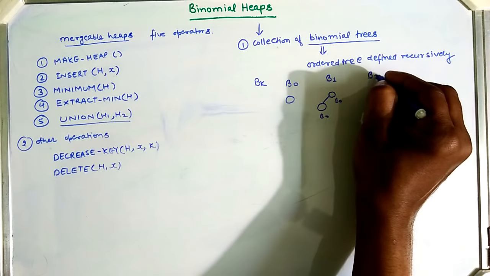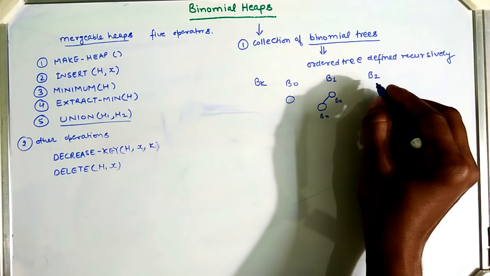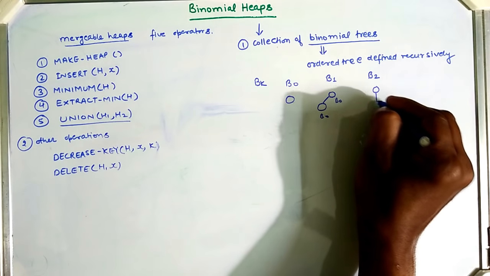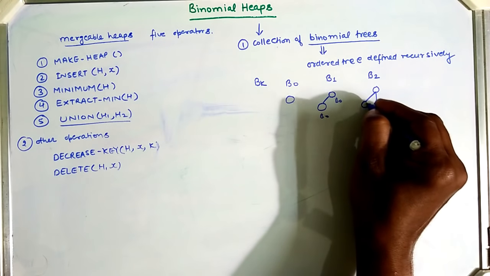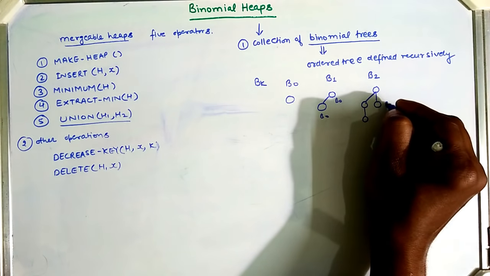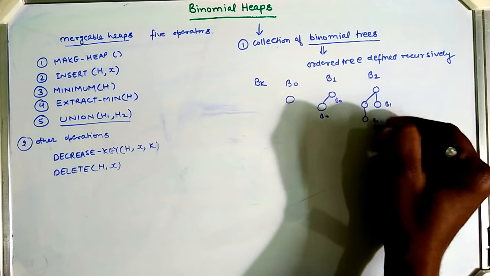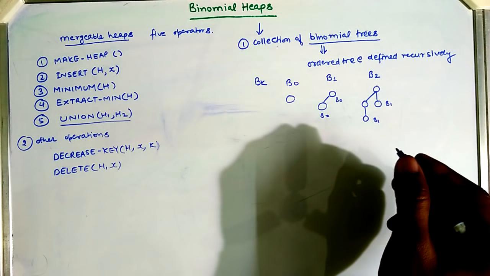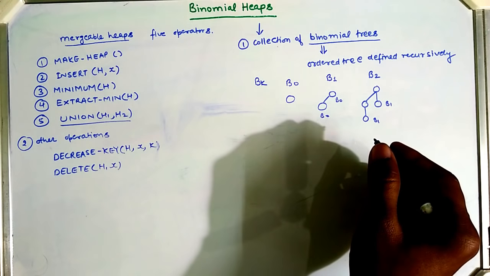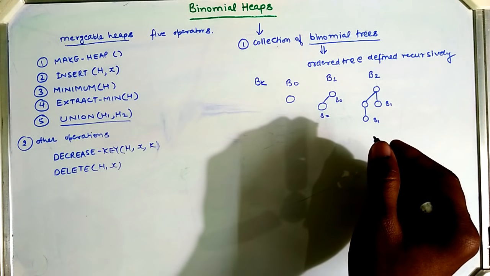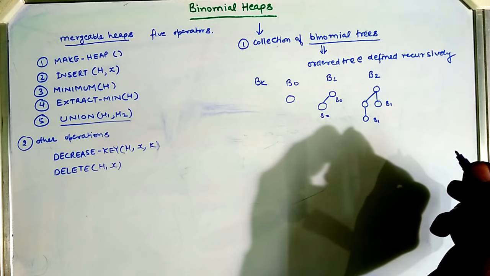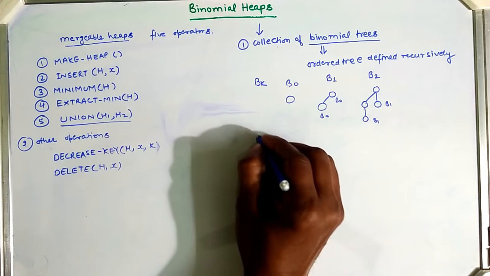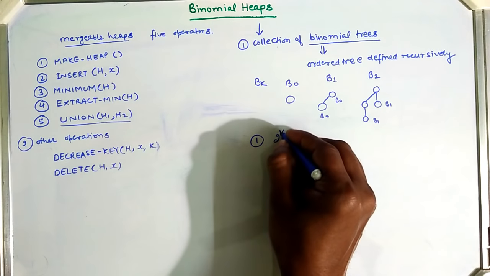Similarly, if you want to draw a binomial tree with k equal to 2, then it is a collection of two B1s, so collection of two B1s are there. So it is an ordered tree which is defined recursively. The root of one is the leftmost child of the other. Now the common properties of a binomial tree: first, in any binomial tree there are 2 to the power k nodes.